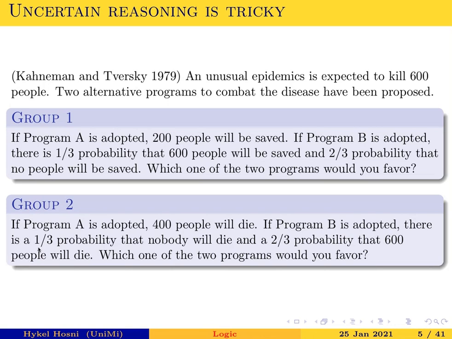Then the alternative is program B, which, if adopted, will save 600 people with probability 1/3 and will kill, so no people will be saved, with the remaining 2/3 probability. Which one of the 2 programs would you favor? So that's the actual experimental question.